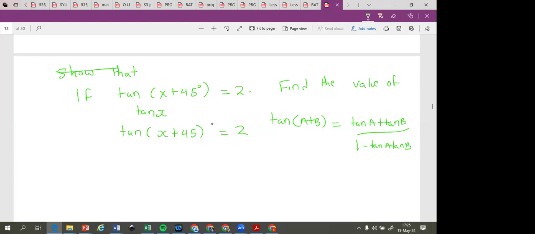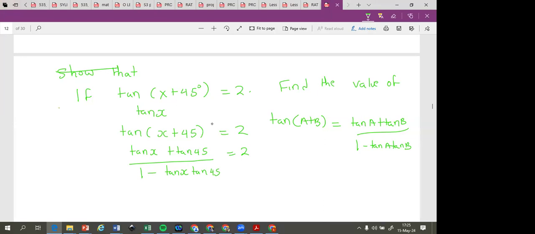Okay. When we expand tan of x plus 45, we shall get tan x plus tan 45 out of 1 minus tan x tan 45 is equal to 2. Is that clear?